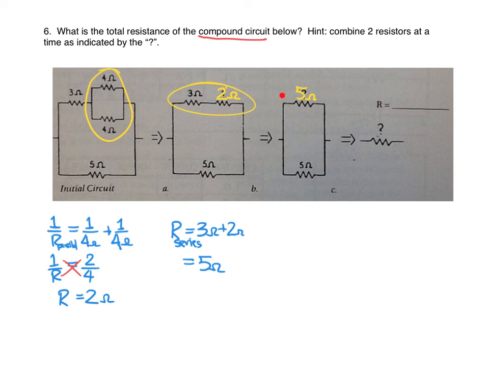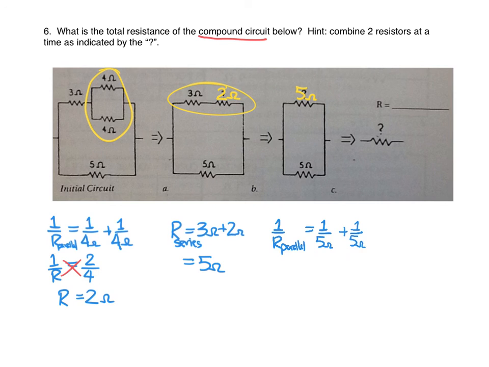So now I can see the whole top branch of the circuit, which 4, 4, and 3 all combined correctly gives me 5. This top branch of 5 and this bottom branch of 5 are in parallel. So we're going to add those in parallel then. And 1 over R parallel, I'll write it out so we remember they're parallel, is 1 over 5 ohms plus 1 over 5 ohms again.